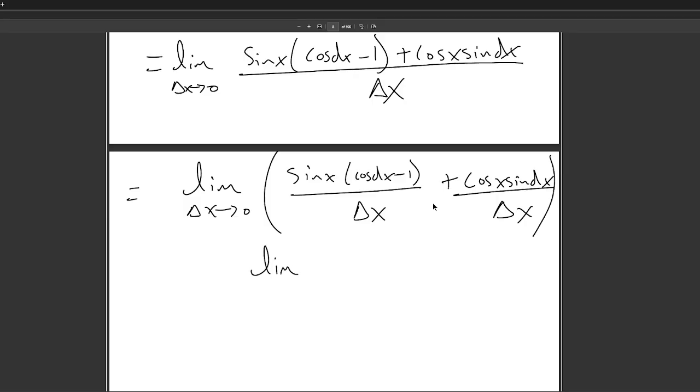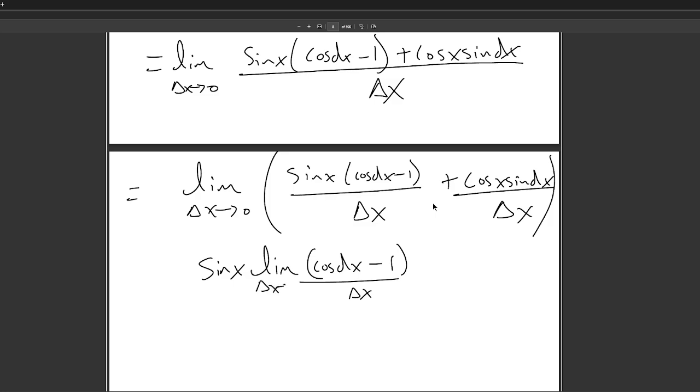Now, if we just apply the limit to each fraction individually, I'm going to pull out some things. I'm going to pull out the sine x out of the limit, because remember, I told you back in the day you can pull out that constant. Because I'm doing the limit for delta x, not for x, so sine x is effectively a constant. So I get sine x times the limit as delta x approaches 0 of cosine dx minus 1 all over delta x.